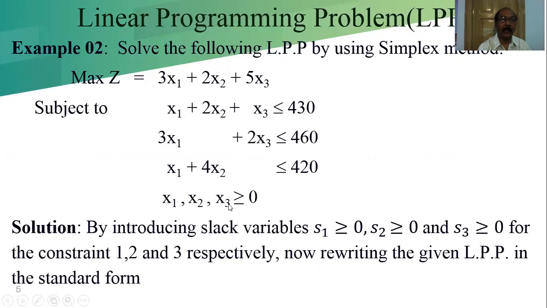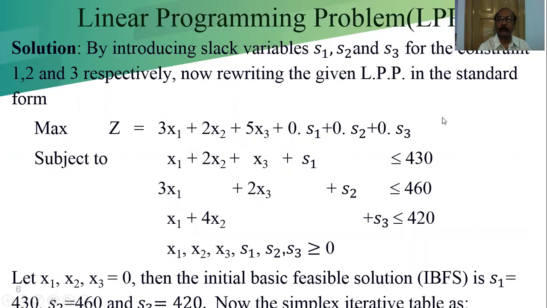Then we rewrite the given LPP in the standard form. We get maximum z = 3x1 + 2x2 + 5x3 + 0 s1 + 0 s2 + 0 s3. The coefficients of the added variables are 0 because they have no contribution in the objective function.